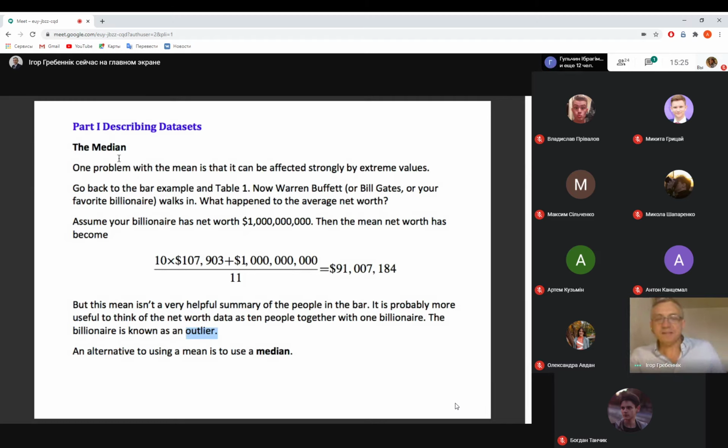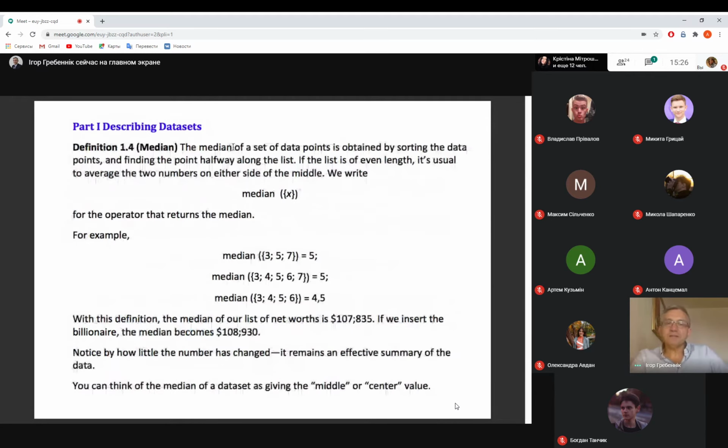The median is an alternative to evaluate the average characteristics. What does it mean, median? The median of a set of data points is obtained by sorting the data points and finding the point halfway along the list, halfway in the middle of the data set, the middle element of the ordered data set.